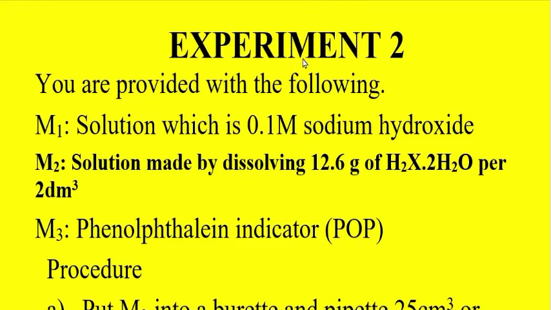Now we proceed with experiment number 2. In the previous video we learned about experiment number 1, and this is the solution to that experiment. Experiment number 2: you are provided with the following solutions. Solution M1, which is 0.1 M sodium hydroxide, and solution M2, made by dissolving 12.6 grams of hydrated acid, that is the compound H2X·xH2O.